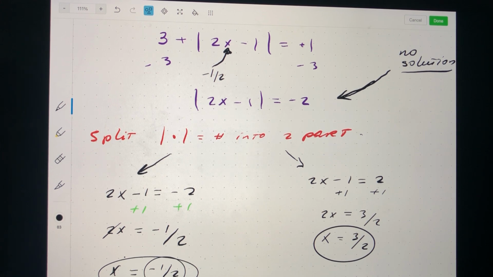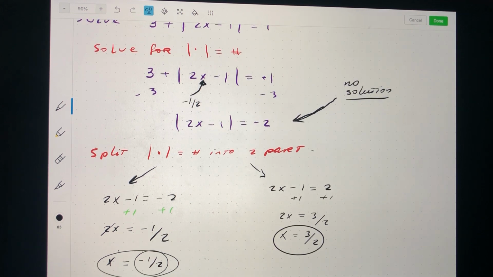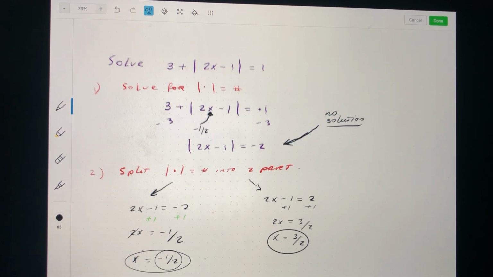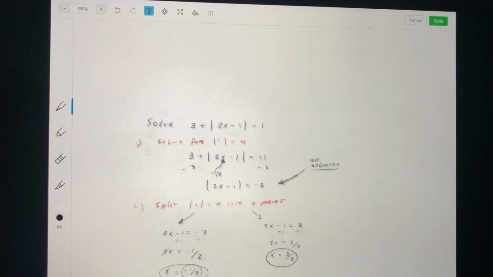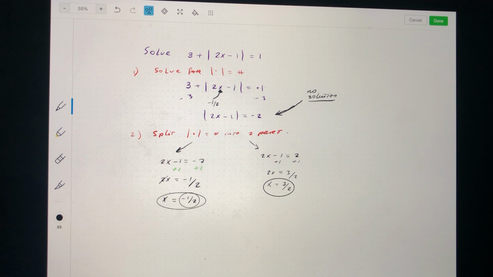Let's rewrite it someplace different so we can see it. So here is the check of our work to the side. 3 plus absolute value 2 times negative half, that's what we think is a solution, minus 1. Is that really equal to 1? If it is, then we have found the solution. If it isn't, then we can't use it because it doesn't work.